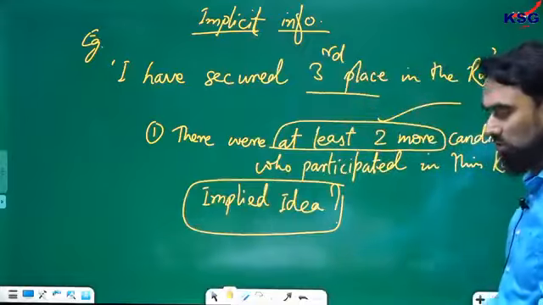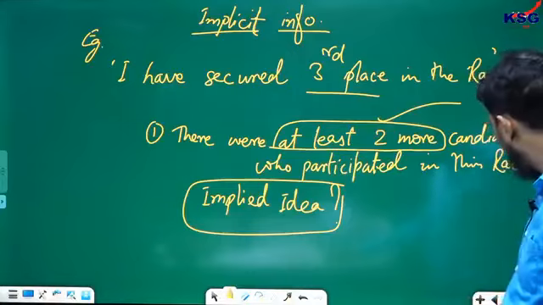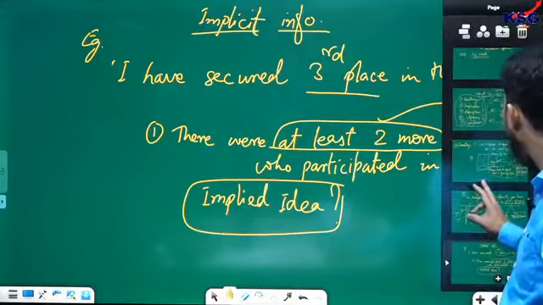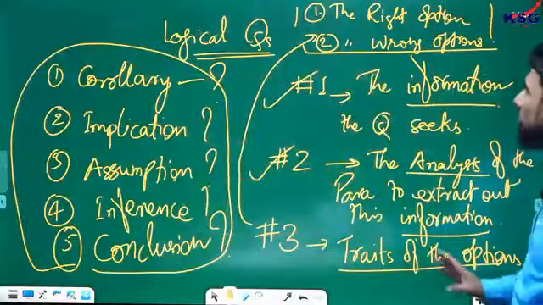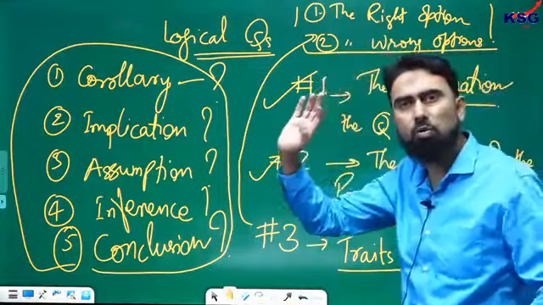Okay, so before I take you to the third dimension, as you remember, was about the options, the traits of the right option or the traits of the wrong option.